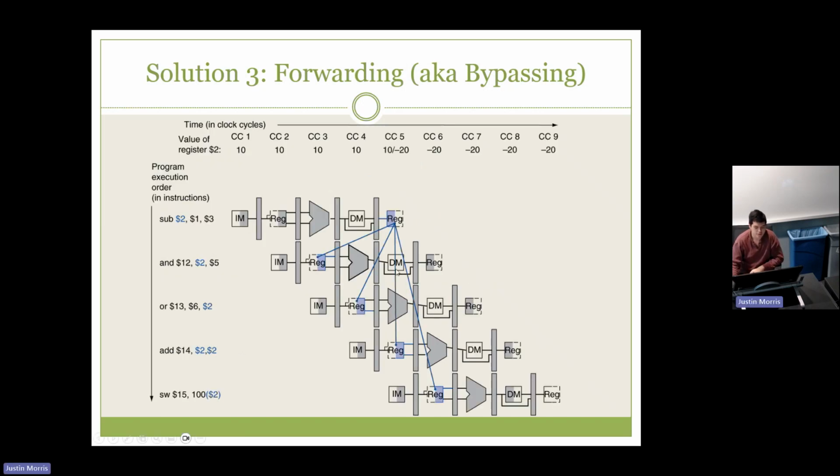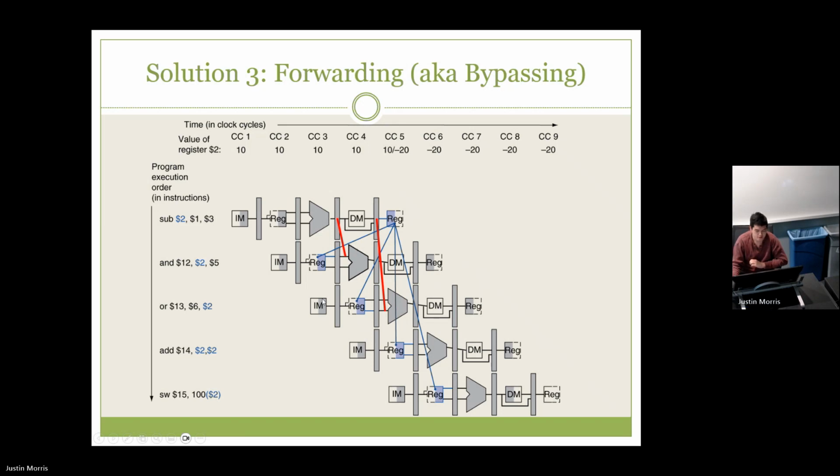So now if we have forwarding, and these are our instructions, then we don't have any stalls. I can forward the result of this sub to this, from the pipeline register to the first operand of the ALU.